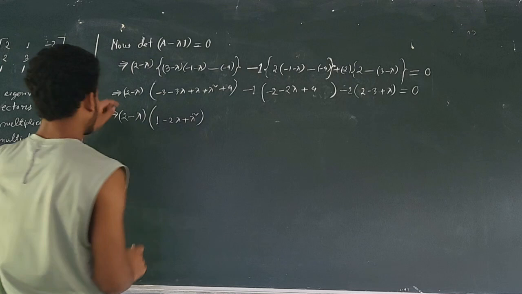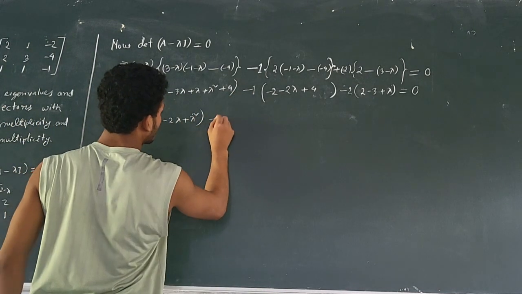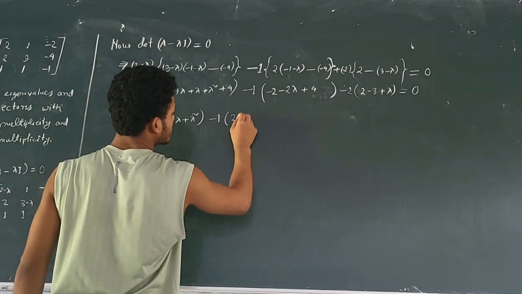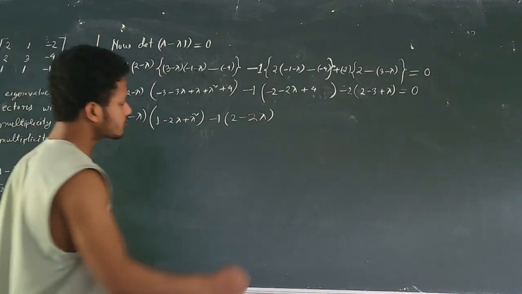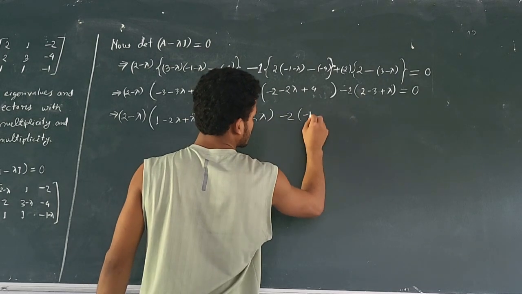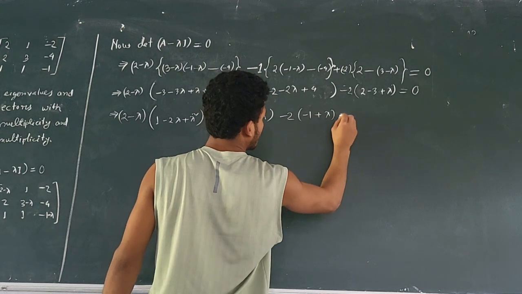Okay, this is this and this is this. Minus 1 into this will be 4 minus 2, 2, and this is minus twice. And this is minus 2 and this will be minus 1 plus lambda equal to 0.